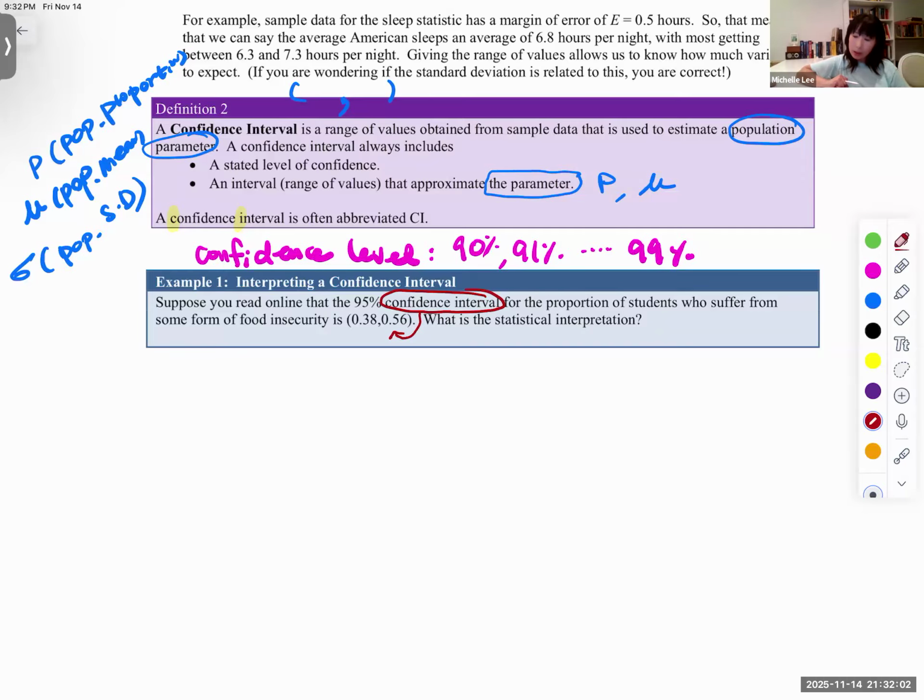What is the statistical interpretation? Okay, so let's write it down.